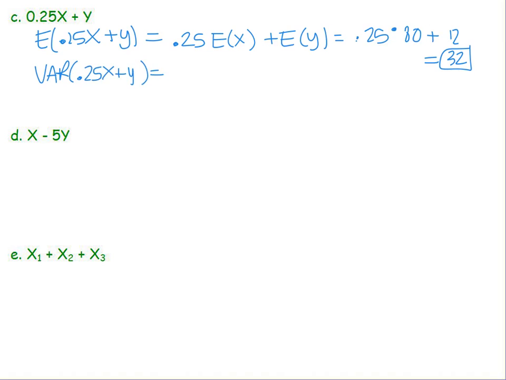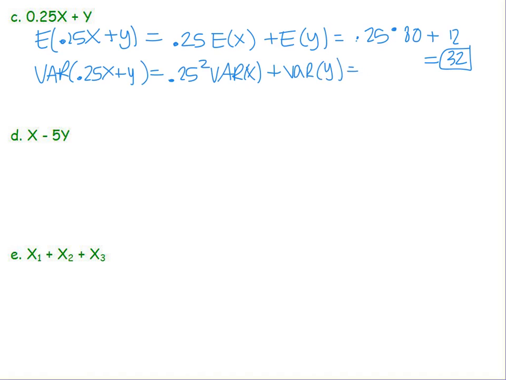Again, pretend that the y is not there. If it's just 0.25x, it's equation number 4, which means it's 0.25 squared times the variance of x. And if the 0.25 isn't there, x plus y with variance, equation 6, always adding.